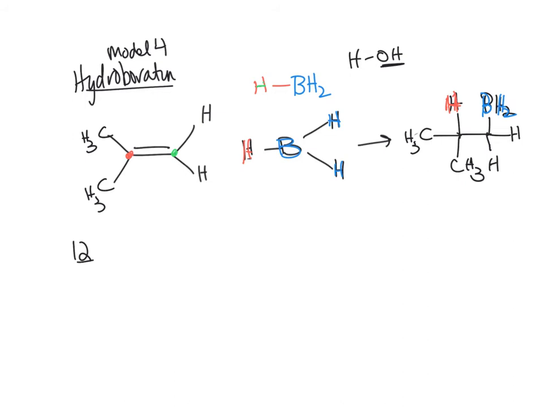So question number 12. How many valence electrons does boron have? Well, what group is boron? Boron is in group 3, but it's given 1, 2, 3, 4, 5, 6. So it's sharing, so it has 6 valence electrons.